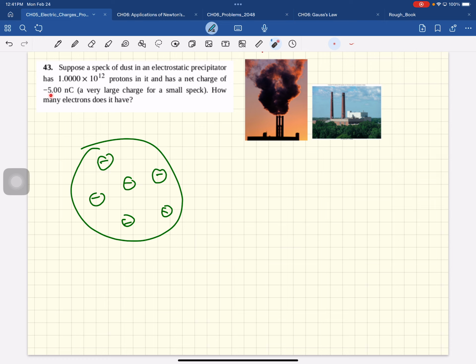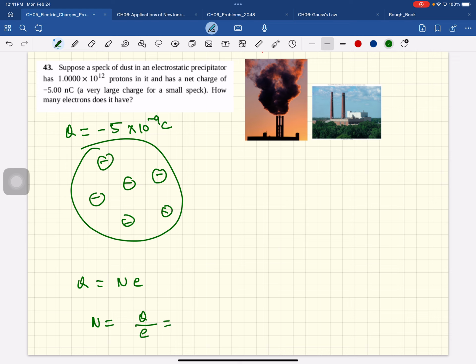It has a net charge of minus 5 nanocoulombs. So Q is minus 5 nanocoulombs. So Q is N times e, N is Q over e.